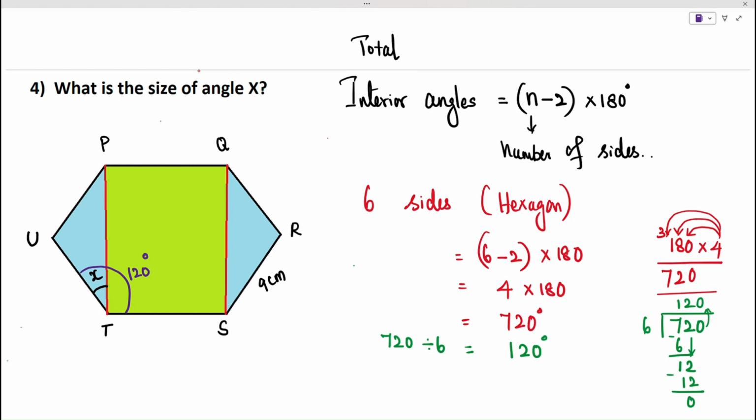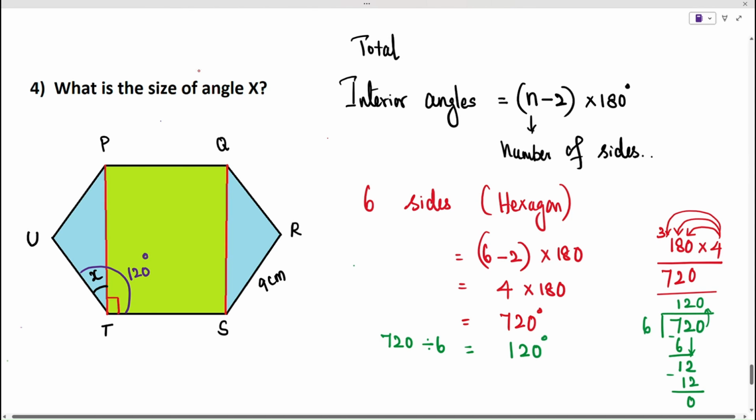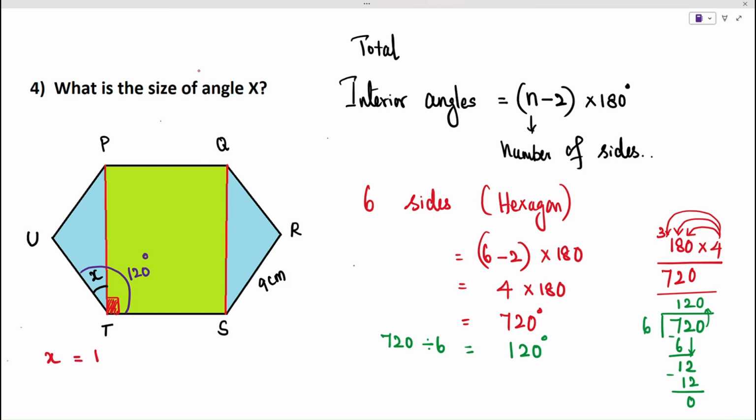And this here is a quadrilateral, a rectangle, and the internal angles of a rectangle are 90 degrees. So we can label our right angle here. And so to find angle X, we have to subtract 90 from 120. And so angle X is equal to 30 degrees.